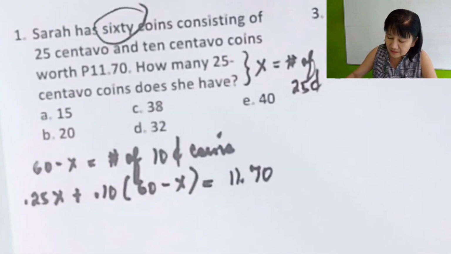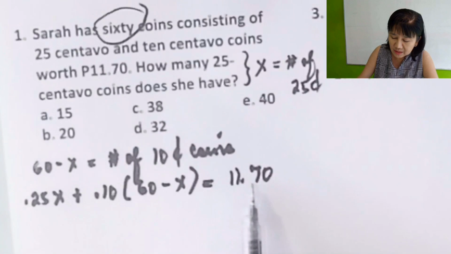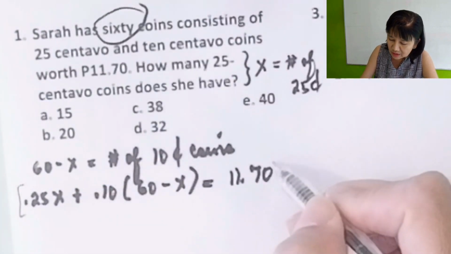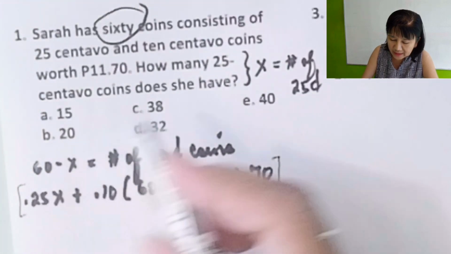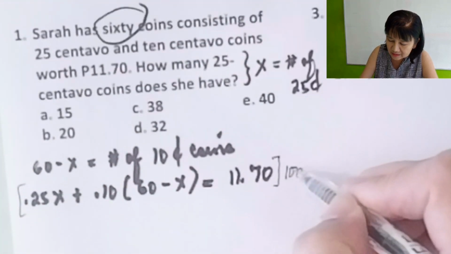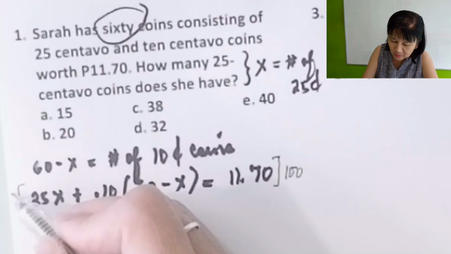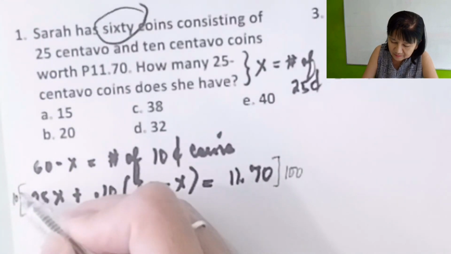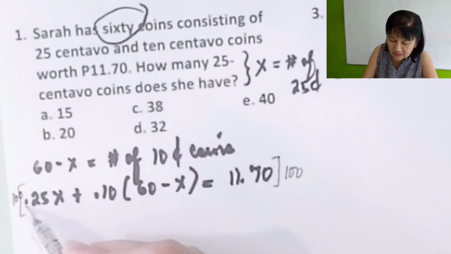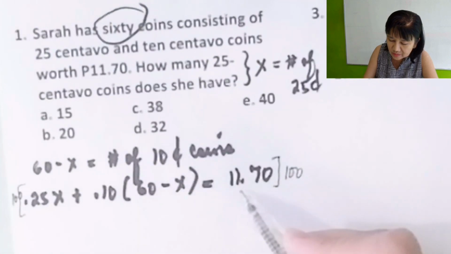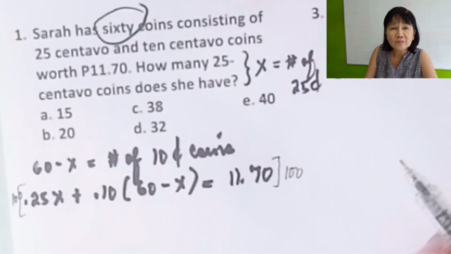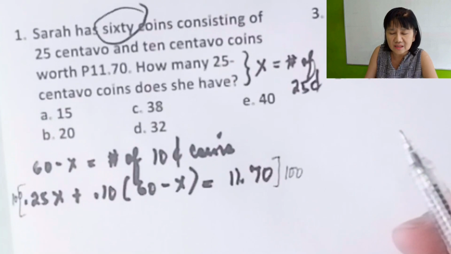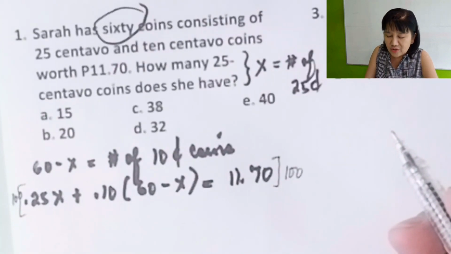In cases like this, where you have decimals, you multiply 100 to both sides, 100 to all terms. Why? Because this is 1, 2, this is 1, 2, and this is 1, 2. To remove the decimals, it is easier when you're dealing with whole numbers.